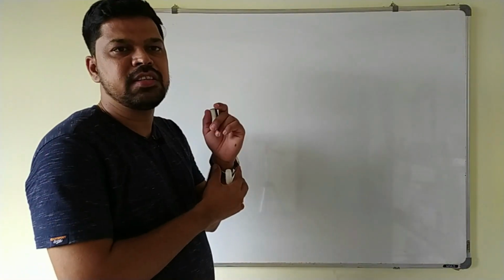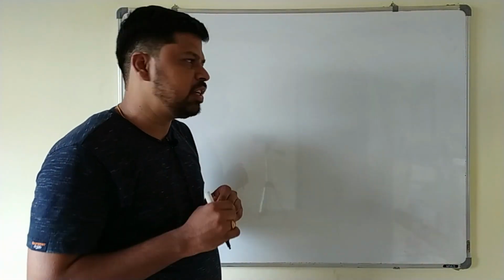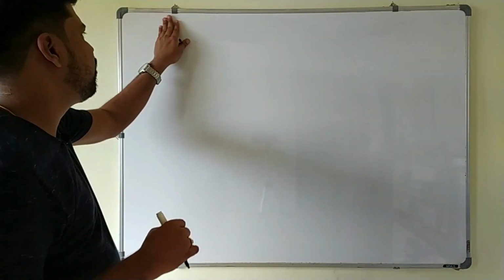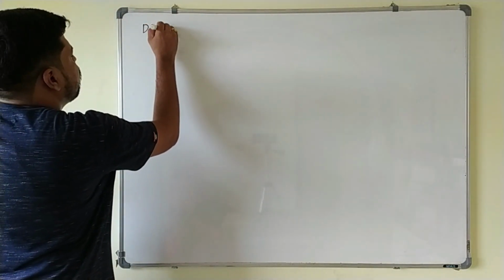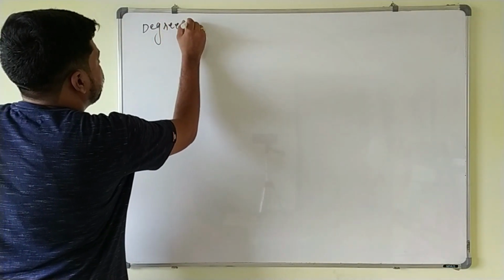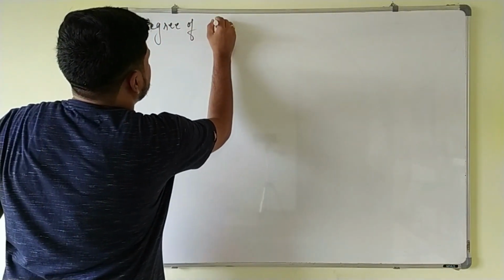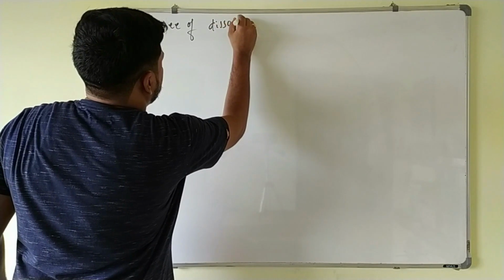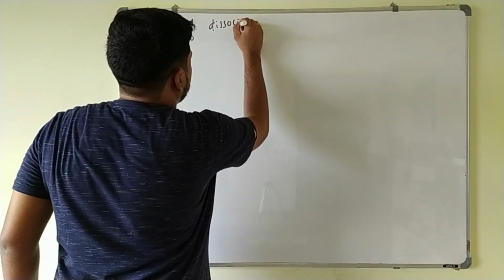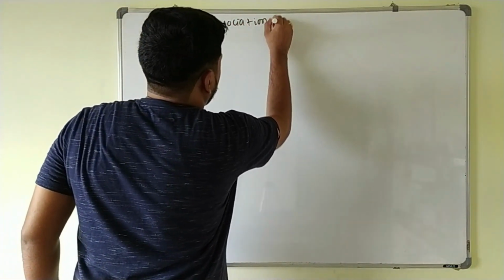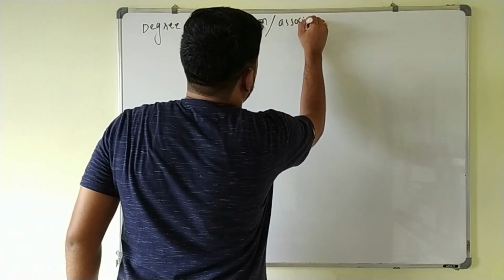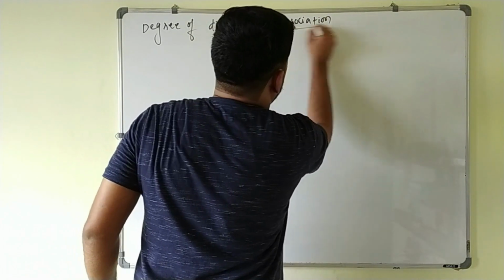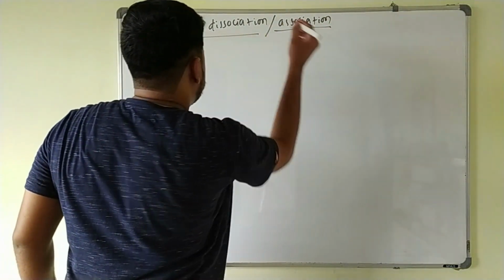The next point is that the degree of dissociation or association can be calculated by using the Van't Hoff factor, that is, the I value. Degree of dissociation or association.